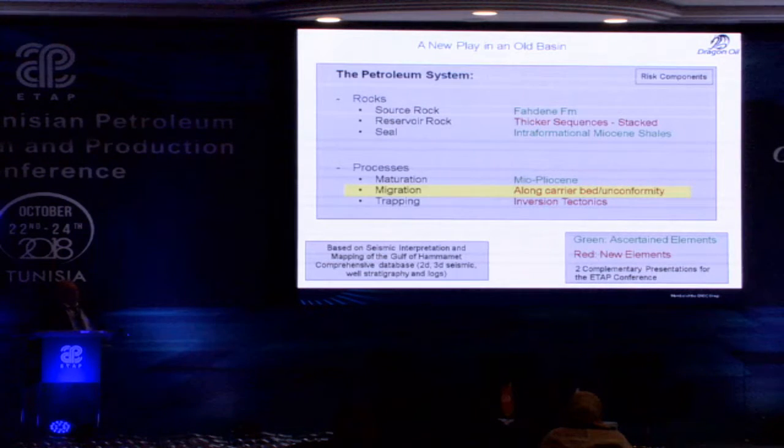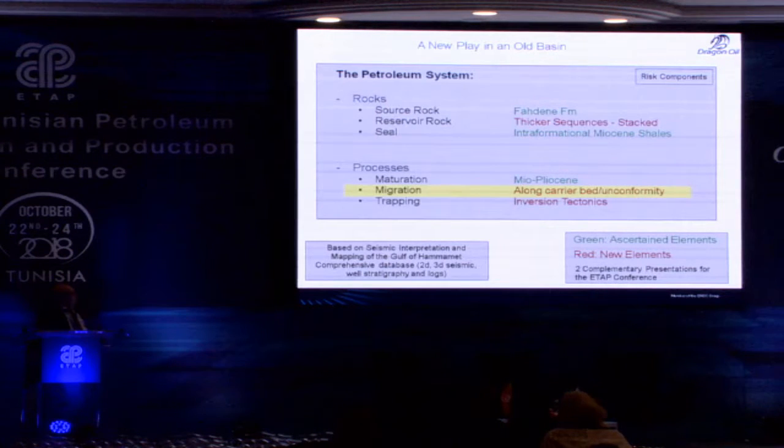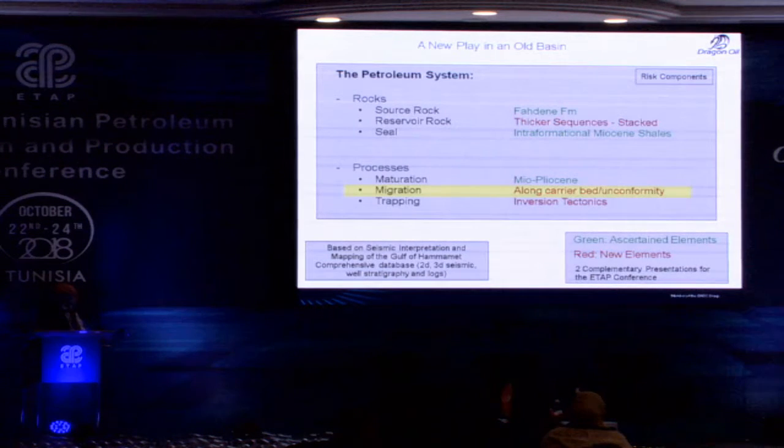You can see this in different papers in a different way, because for maturation you also need some rocks, and for trapping and a good seal you need some processes. It depends on how you classify these aspects. We like to do it like this, with some rocks and some processes.